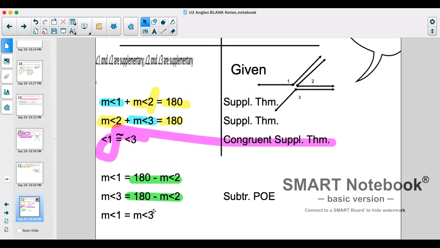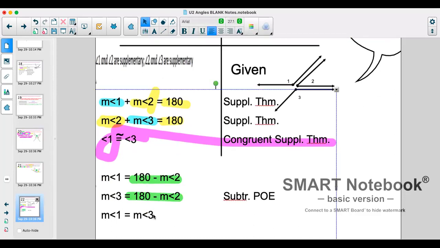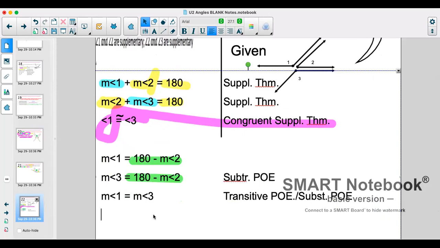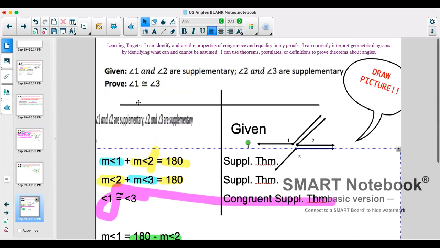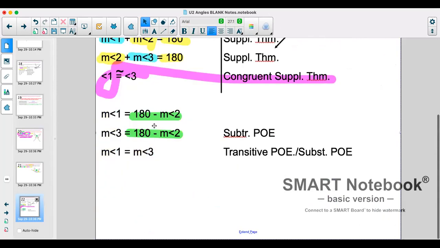So I can do substitution property, or some of you may even say, hey, that's transitive property because I'm taking 2 separate equations and condensing them down into one equation. That would be fine. Most likely you're going to see more substitution for that. And then to get to our proof statement, angle 1's congruent to angle 3, I've got to convert it back to the name of that angle.